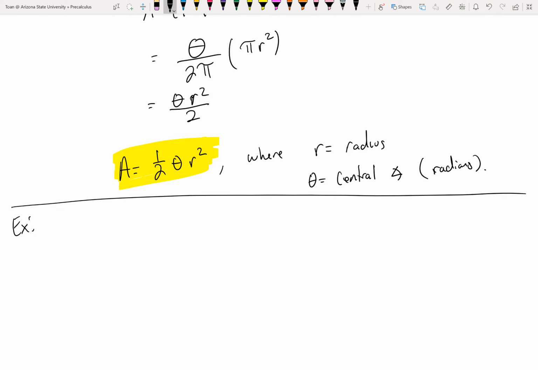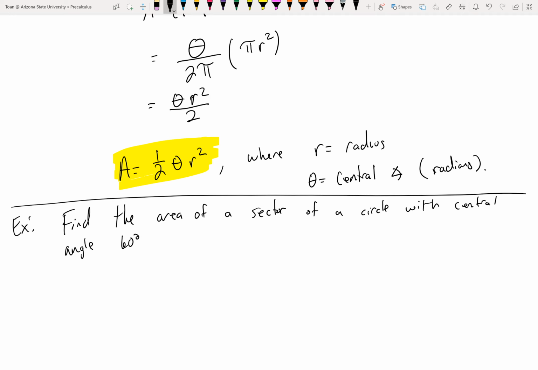So for example, suppose I ask you to find the area of a sector of a circle with central angle 60 degrees if the radius is 3 meters, right?